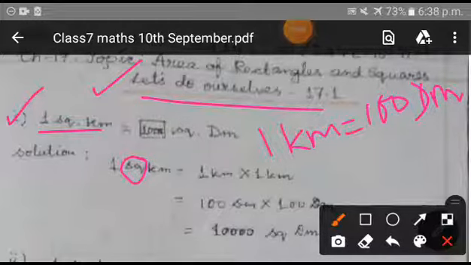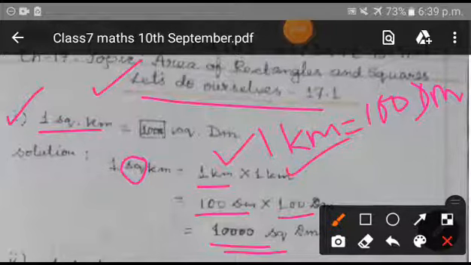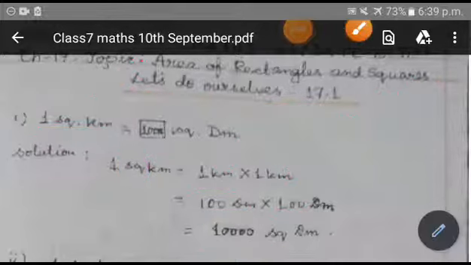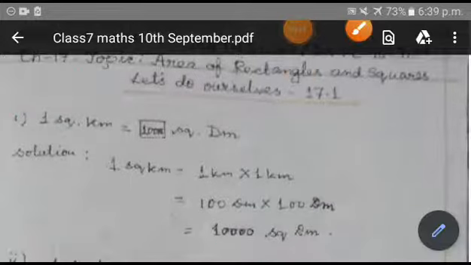So square kilometer means 1 kilometer into 1 kilometer. Now just now I have told that 1 kilometer means 100 decameter. So you are simply writing 100 decameter into 100 decameter. That means 10,000 square decameter, right? So finally you are getting 1 square kilometer equals to 10,000 square decameter.